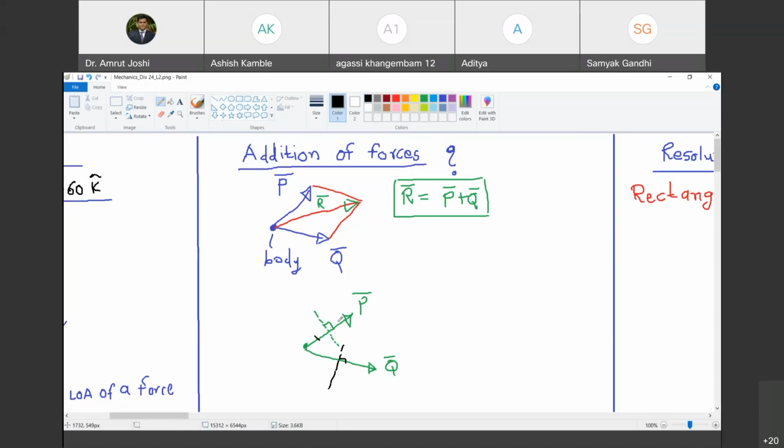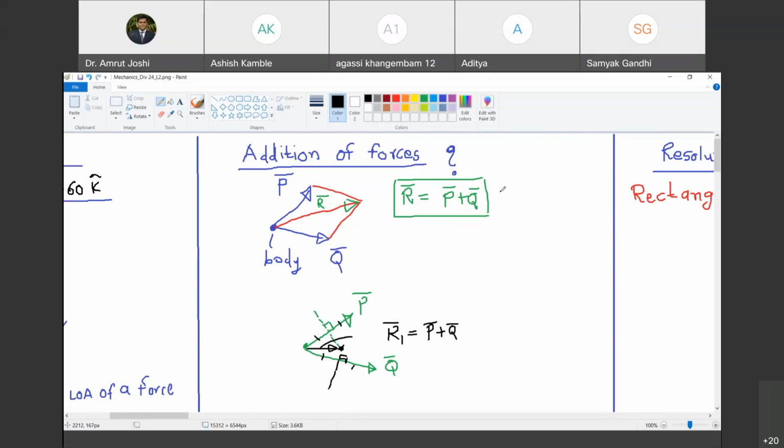So this is equal to this and this is equal to this. So I have drawn the perpendicular bisectors. Wherever these perpendicular bisectors meet each other, draw a line like this and call this the addition of two forces. So call this R1 bar. And now I ask you to call R1 bar as P bar plus Q bar.